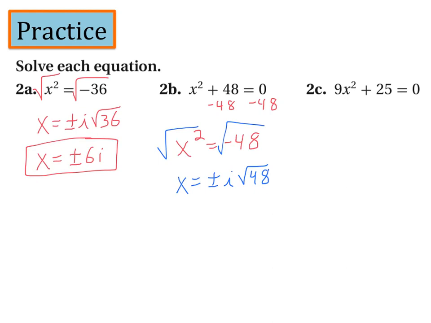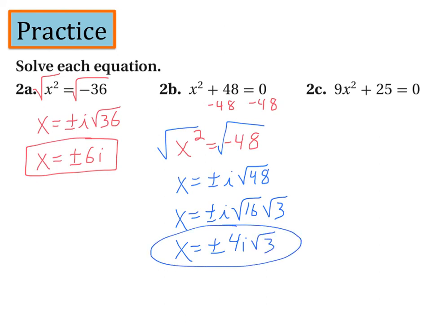Now we have to break up the square root of 48. So we have x equals plus or minus i square root of 16 times the square root of 3, and we do that because we know that 16 times 3 will give us 48. We know the square root of 16 is 4, so we're left with 4i square root of 3.